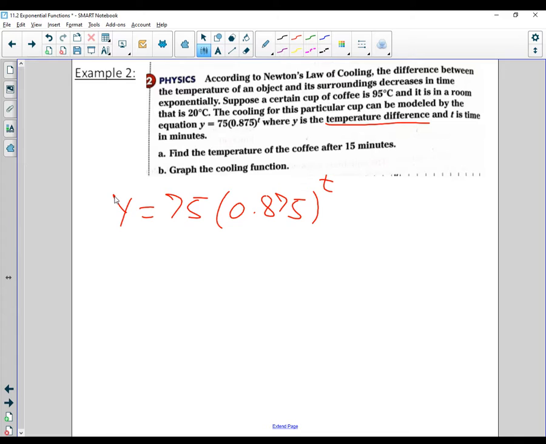Find the temperature of the coffee after 15 minutes. Literally all we do is plug in t equals 15. It is important that it said t is time in minutes, and we were given minutes.